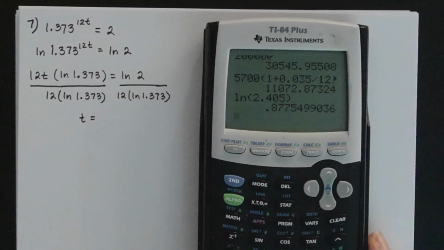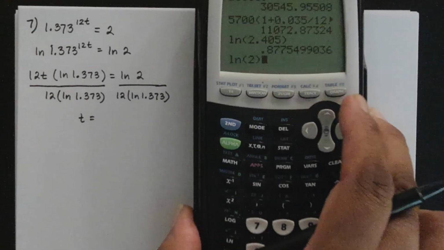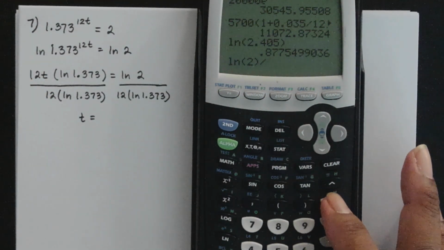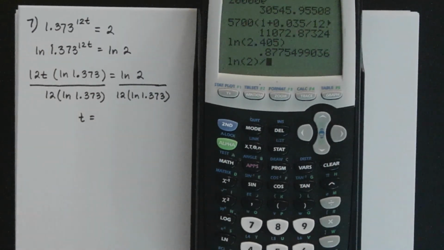Then you have to be careful how you enter this in the calculator. That numerator is ln of 2, so here I'm going to press the ln key and then the number 2, close parentheses. Then that's going to be divided by what's in this denominator, which will have to go in parentheses.